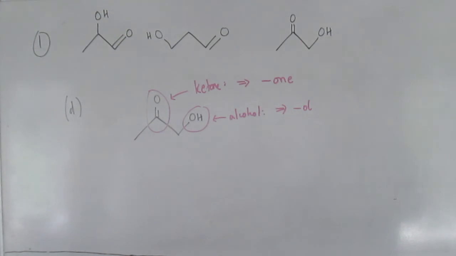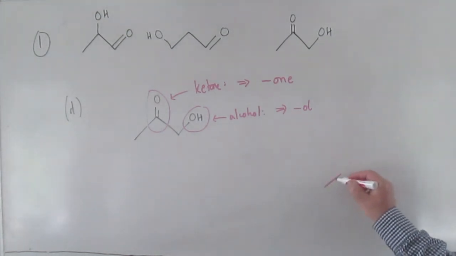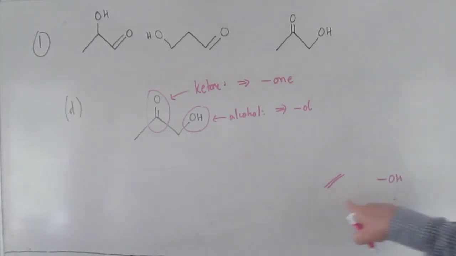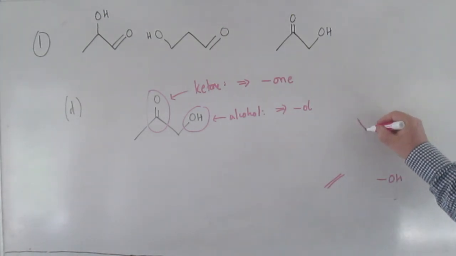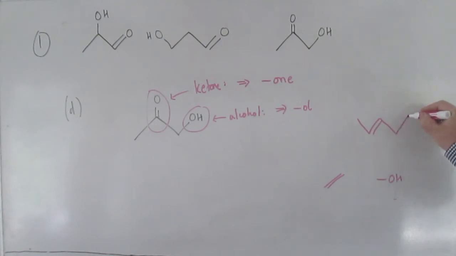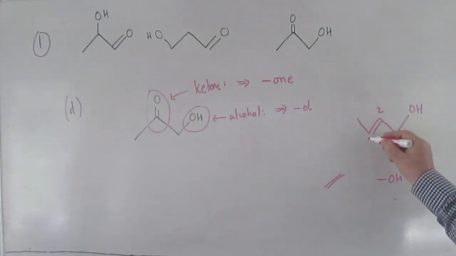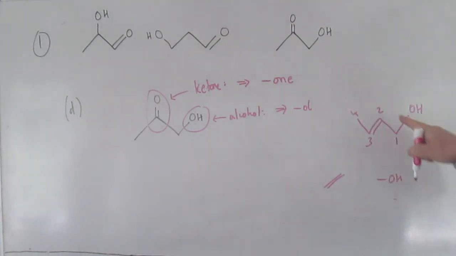The only time you can do that is when you have an alkene and an alcohol or something like that. You can call it an -ene-ol. So this, for example, would be but-2-ene-1-ol.